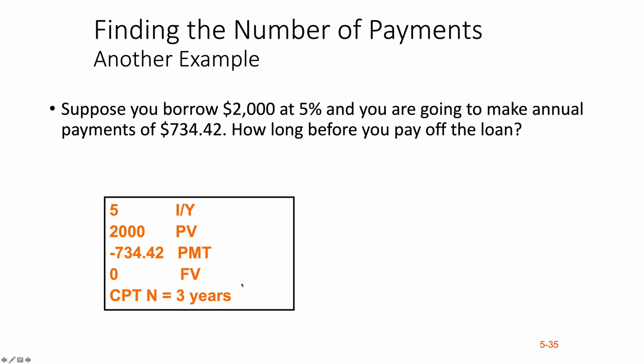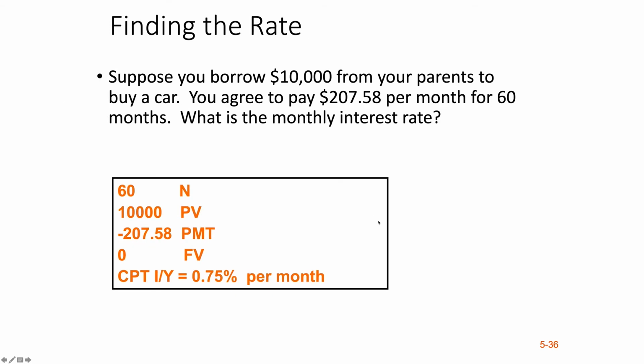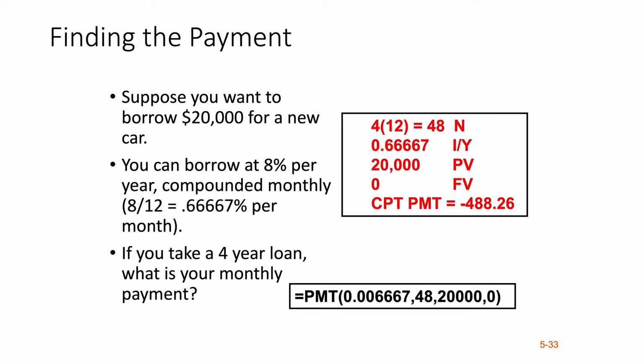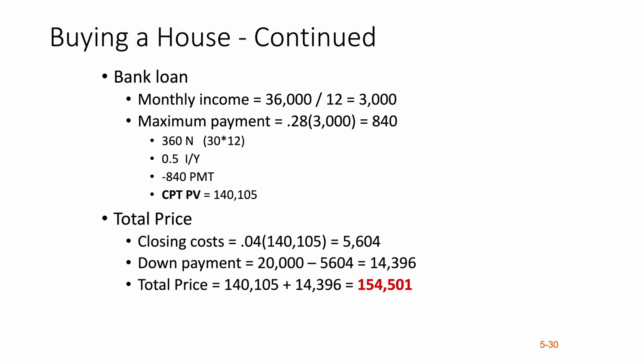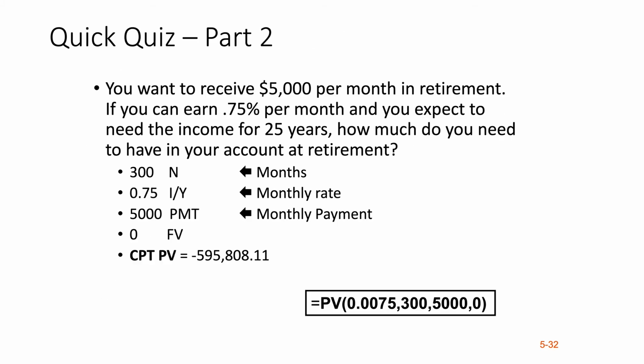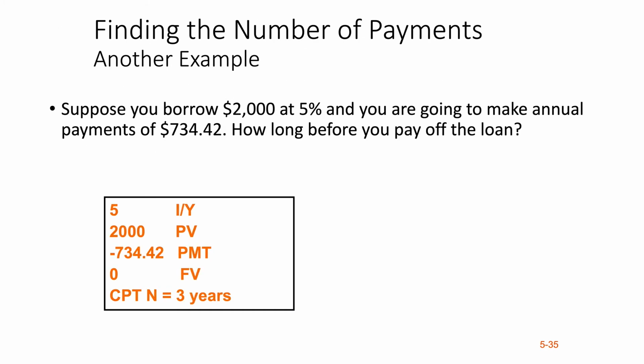Also, given this formula, you can easily find the interest rate. Remember, the interest rate must be the same frequency as the pay period. Suppose you borrow $10,000 for your parents to buy a car.